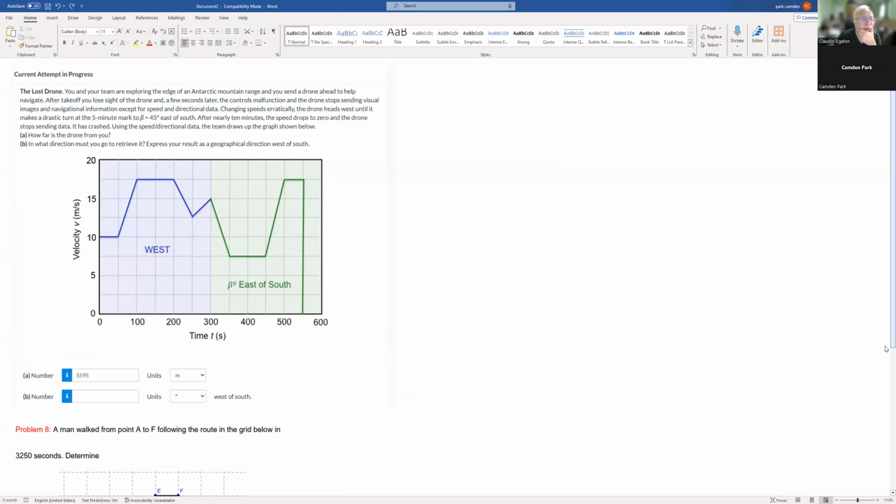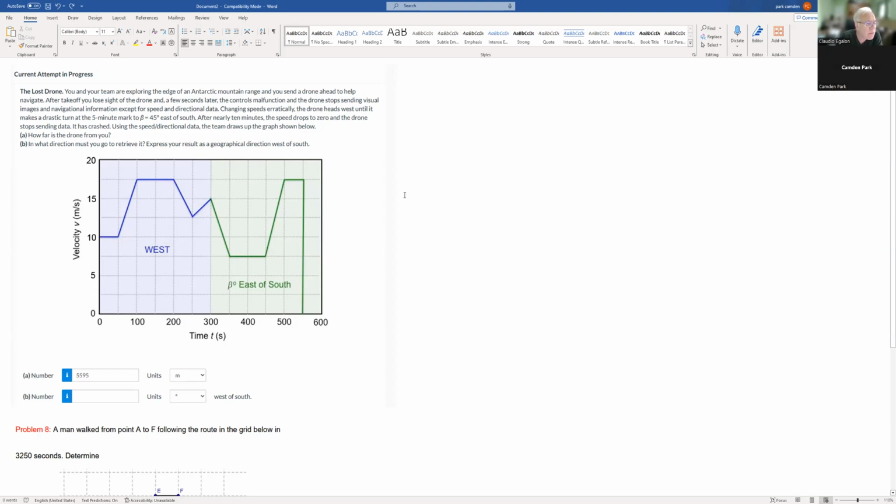Changing speed directly, the drone heads west until it makes a drastic turn at the 5 minutes mark. Beta is 45 degrees, so after nearly 10 minutes, the speed drops to 0 and the drone stops sending data. It has crashed.